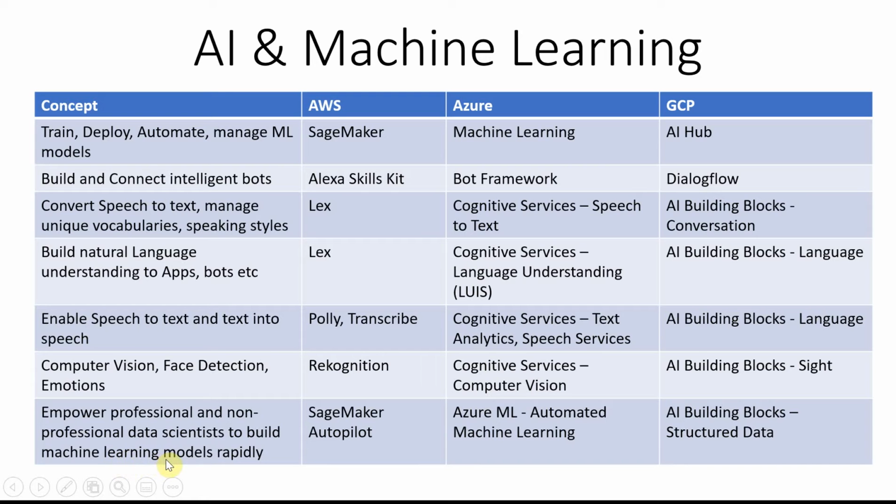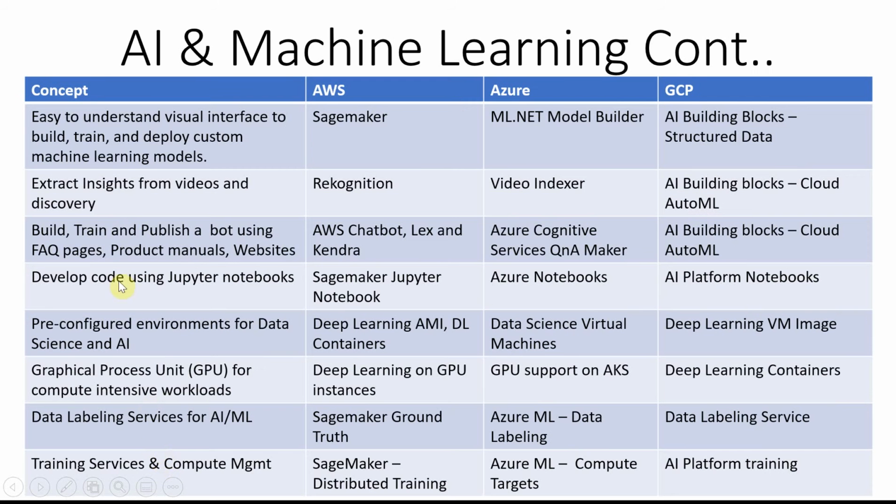You might have to build a custom model, which is a very common use case. For building custom machine learning models, the tools in that category are AWS SageMaker, in Azure it is ML.NET Model Builder, and in GCP it is AI Building Blocks Structured Data.